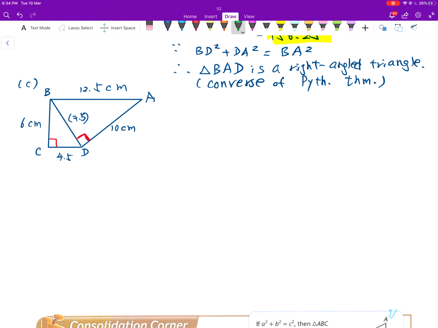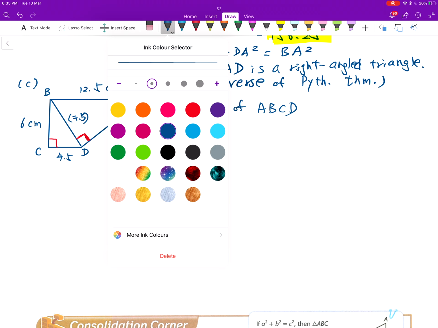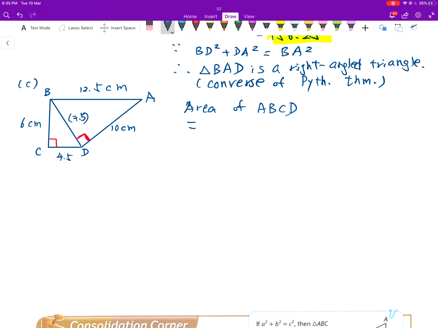So we can find the area of ABCD by calculating the area of these two triangles. It equals the sum of the area of triangle BCD and the area of triangle BDA.